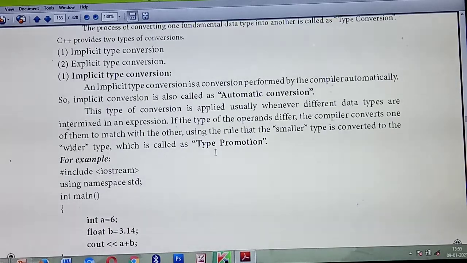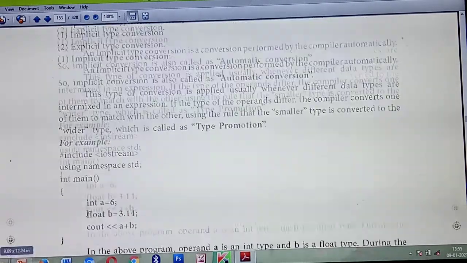Here you have studied what type conversion is, what implicit conversion is, and type promotion. So if an expression contains two or three data types, the compiler will automatically convert into another data type based on the rule. That's very, very important. Based on the rule, from smaller data type to wider data type, that is called type promotion. Understood? See the example.